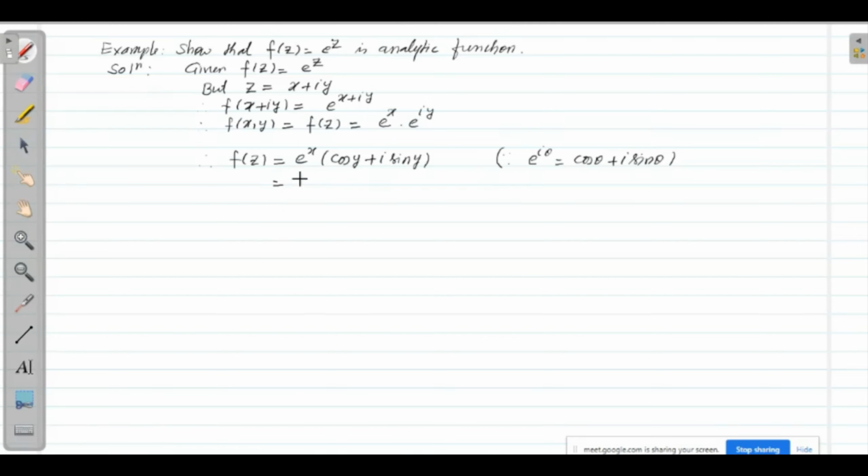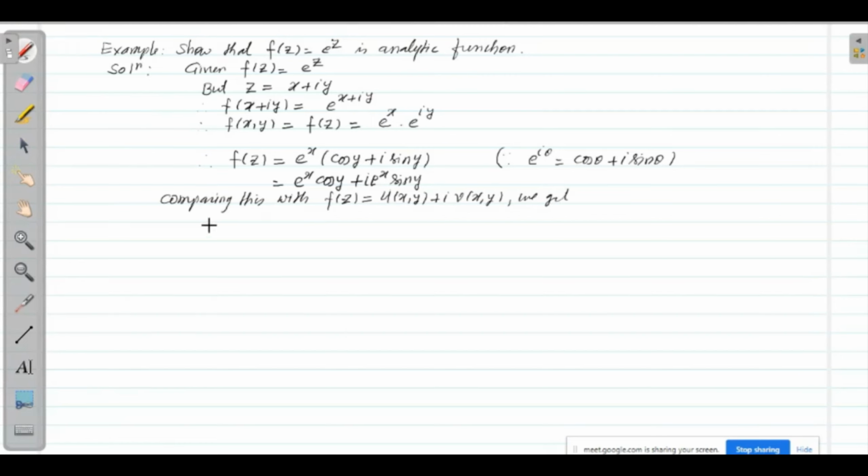Now just multiply this inside, so this becomes e raised to x cos y plus i e raised to x sin y. Now comparing this with f of z equal to u of x comma y plus i v of x comma y.